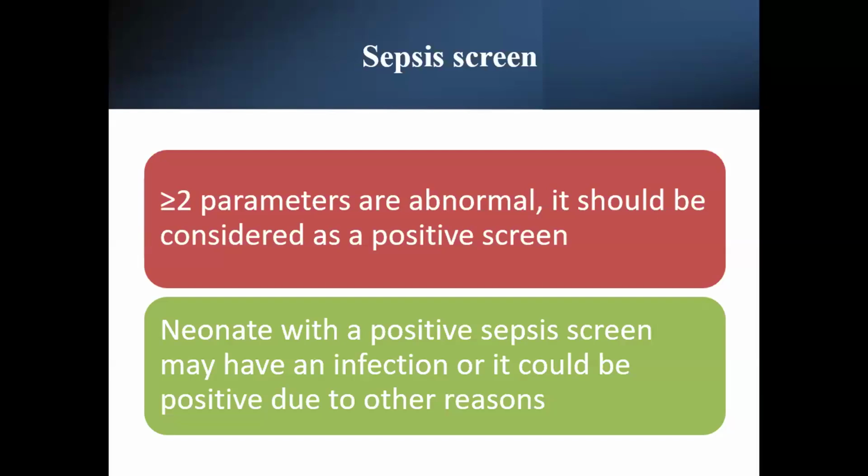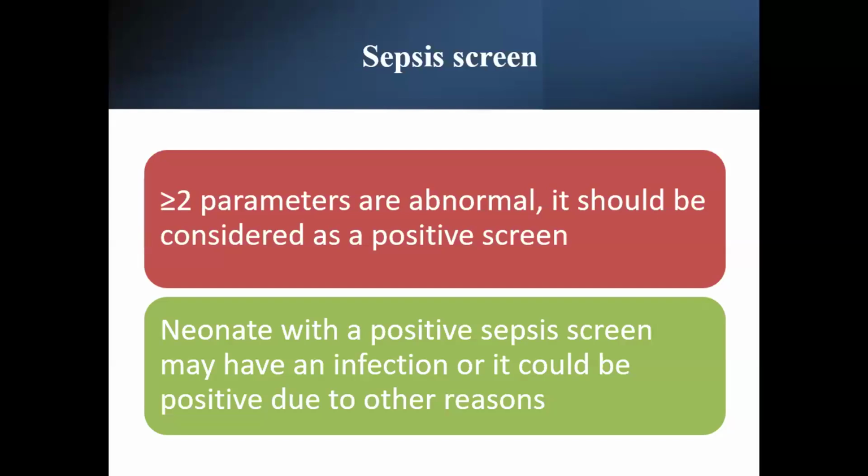A positive sepsis screen can occur in other conditions also, like PIH, perinatal asphyxia, and any baby with meconium aspiration syndrome. So a neonate with a positive sepsis screen may have an infection, or it could be positive due to other reasons. My take is that if you are relatively sure that clinically the baby is looking septic, then there is no need to do a sepsis screen.